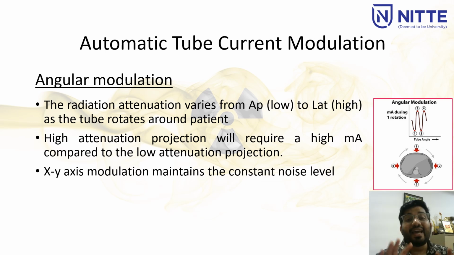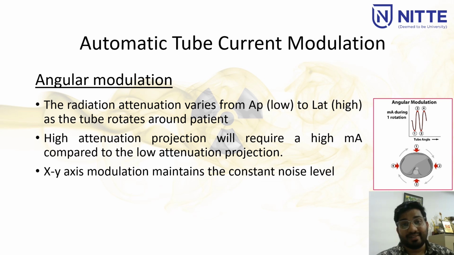This is angular tube current modulation, and a higher attenuation projection requires a higher MA compared to a low attenuation projection. XY axis modulation maintains a similar constant noise level as we have seen in the Z axis modulation.